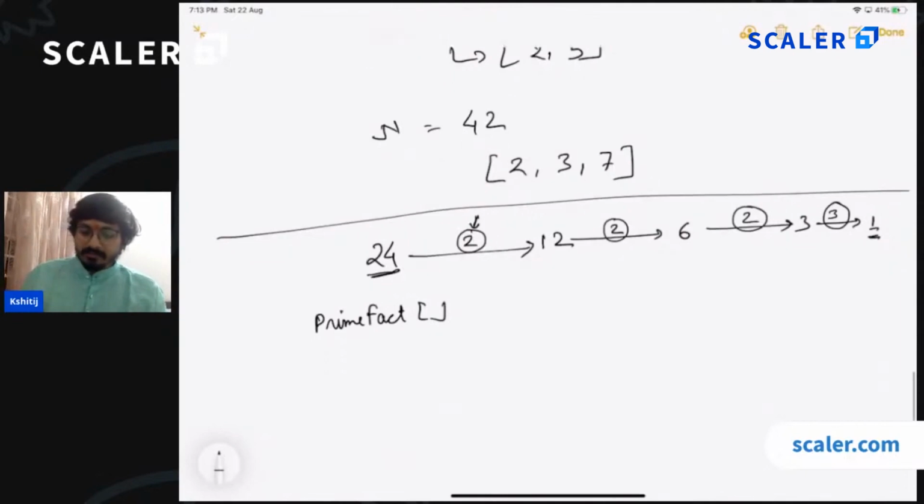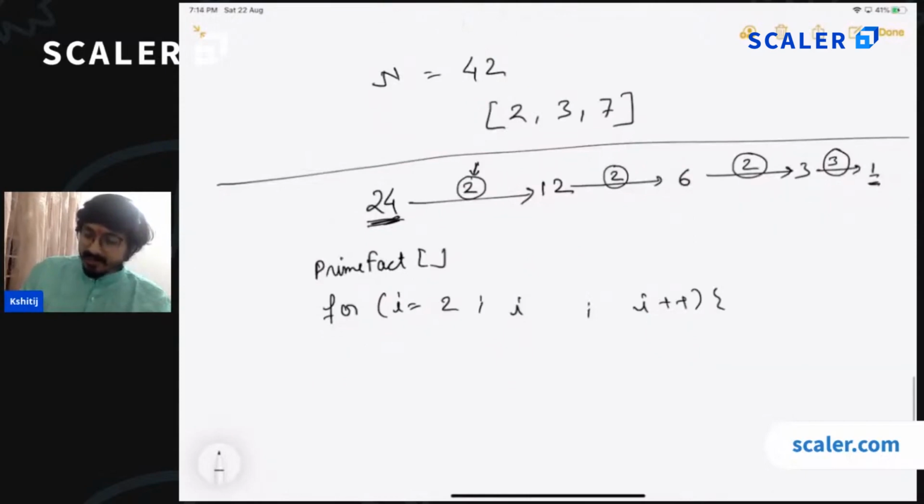Here in this case, I just used my mind and saw that this is divisible by 2. But for the computer, we'll have to check with every number starting from 2, right? What is the first number that divides 24? And then keep dividing by that number while it is divisible, right? So I will start i from 2, and say this has to go till somewhere, with i plus plus.